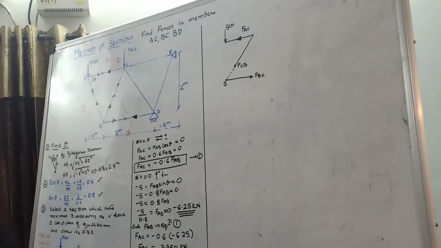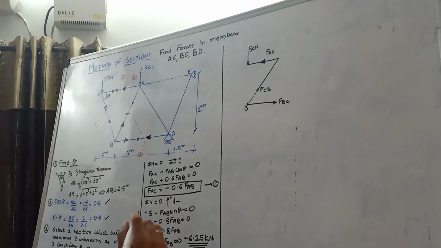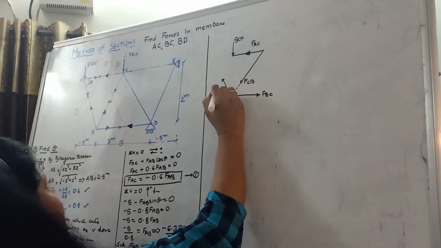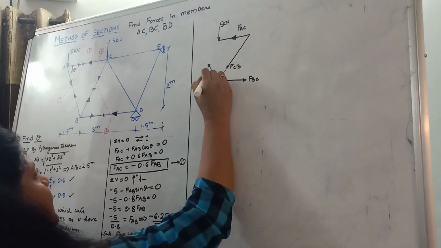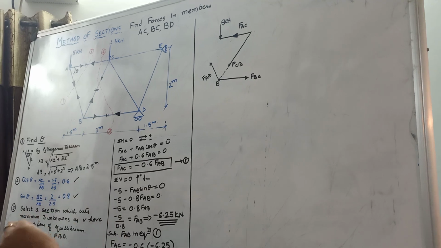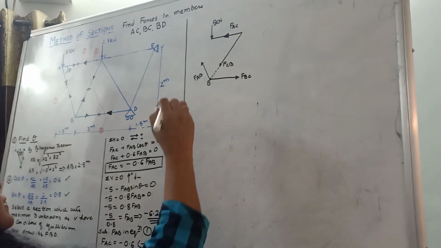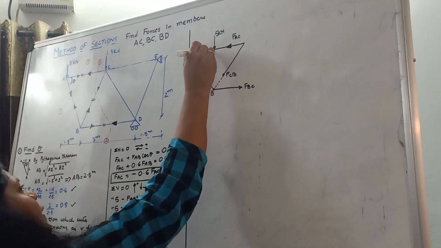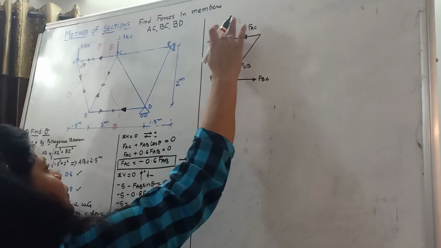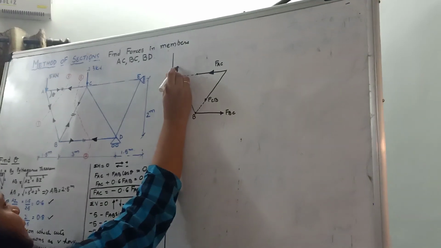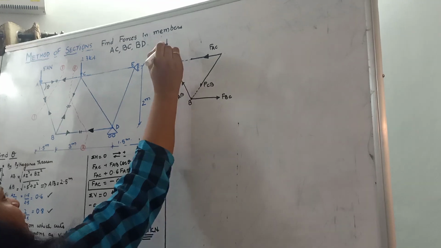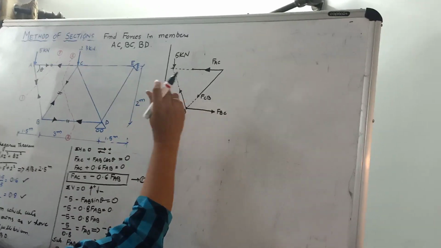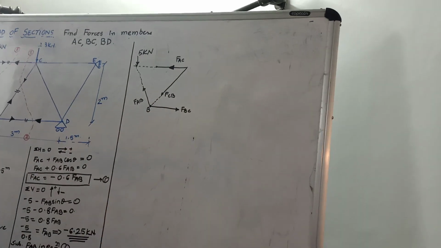And we have the third member from point B, that is F of AB, extended forward like this. This 5 kilonewton will come at point A. This is FAC, this is FAB, this is FCB, and this is FBC.